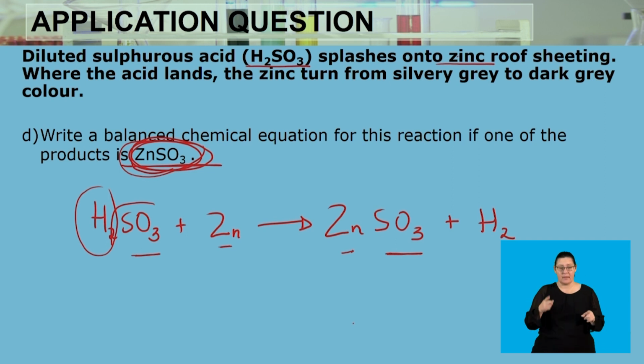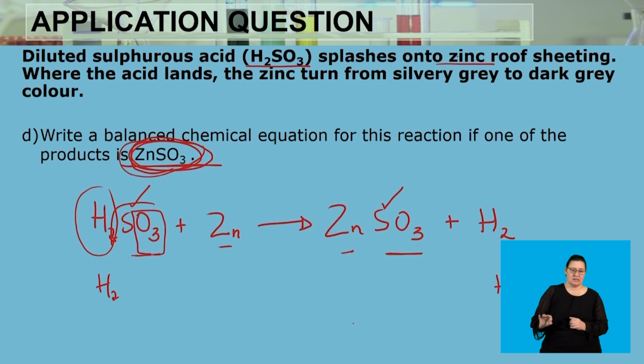Now, the most important thing that we need to do right now is to balance the chemical equation. So for us to do that, we need to check the number of atoms on either side, that they are equal. When looking at the reactant side, we can see that our hydrogens, we have 2 of them, that's subscript 2. Then also on our products, we still have 2 hydrogen atoms. Then our sulfur, on the reactants there's 1, on the products, 1 sulfur. Then on the reactants, we have 3 oxygen because of that subscript 3.